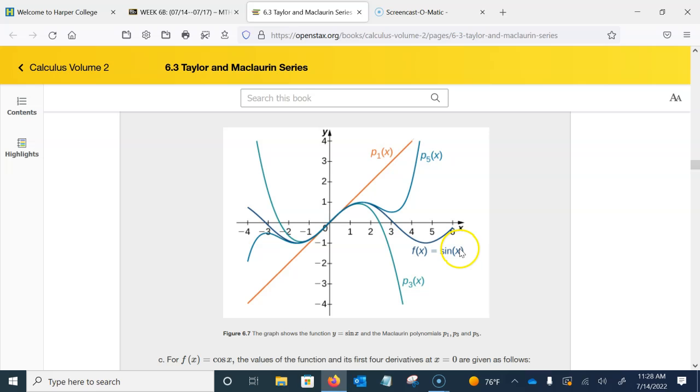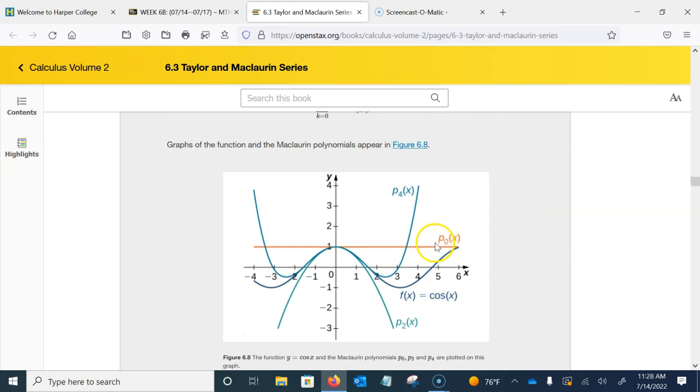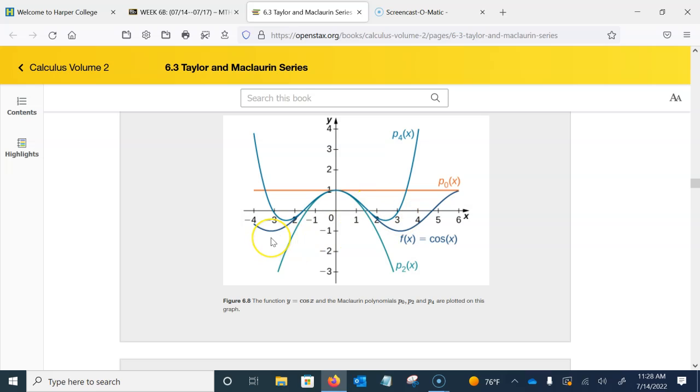Sine x is an odd function around the origin, and so we're going to have these odd polynomials as a best estimate, because those are all odd functions. Similarly with the cosine function, which is an even function, here we've got all the even Maclaurin polynomials, P0, P2, P4.